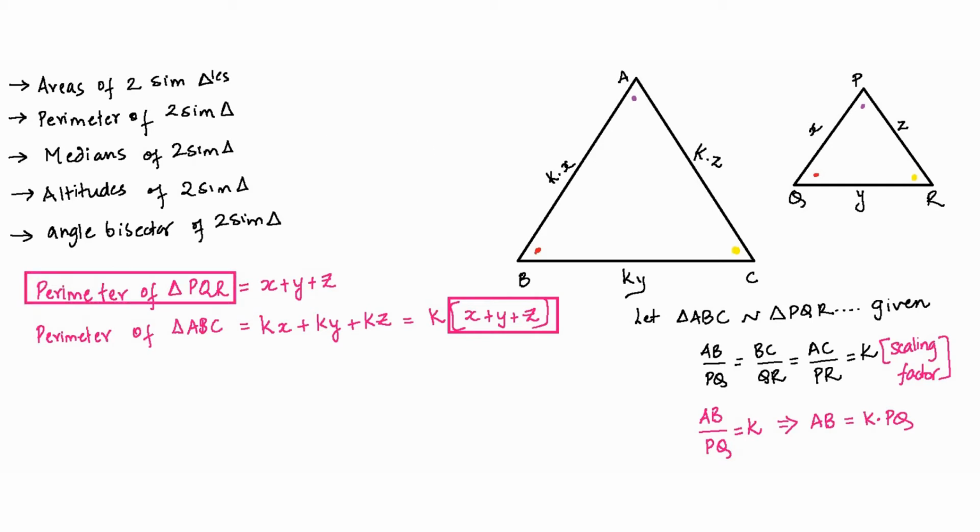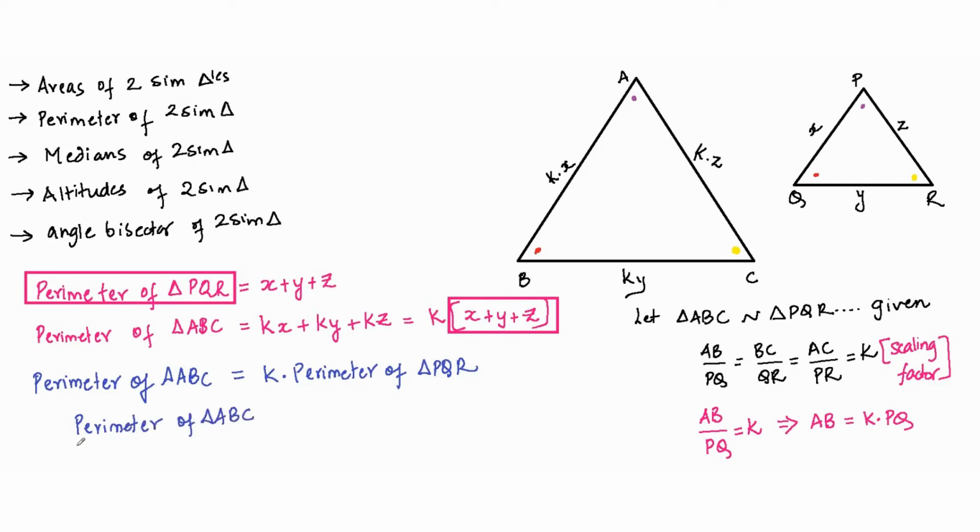So what I can conclude from this is the perimeter of triangle ABC is equal to K times the perimeter of triangle PQR, which in turn means that the perimeter of triangle ABC divided by the perimeter of triangle PQR is equal to K. And what this means is, in whatever ratio the sides are being multiplied, the perimeter also scales by the same factor.